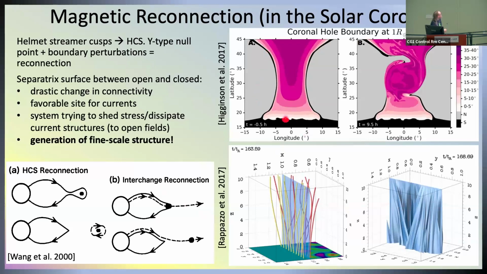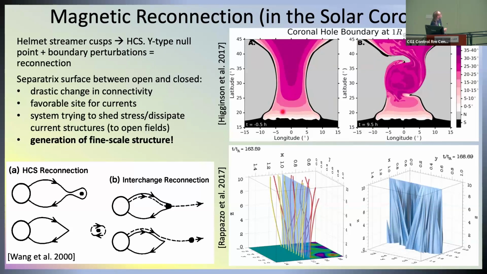The color here is basically where these field lines map to. So this is another kind of geometric mapping visualization. And this is a narrow coronal hole. And if you spin up the whole thing, you put all of this structure into the open closed boundary.